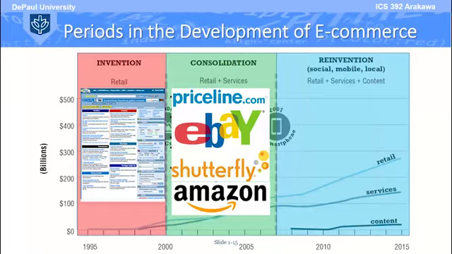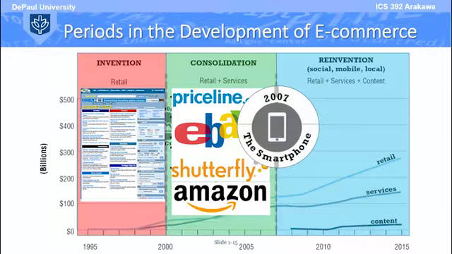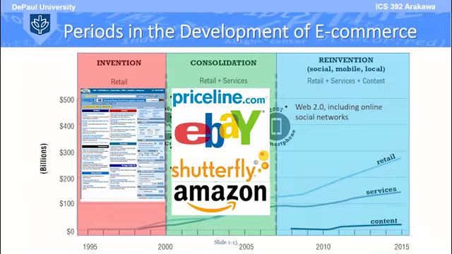And that really leads us to the next and current phase called reinvention, and that was characterized by the advent of the smartphone in 2007. So this really focuses on one part of web development called Web 2.0.